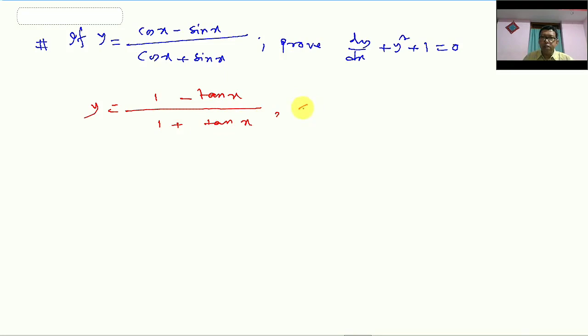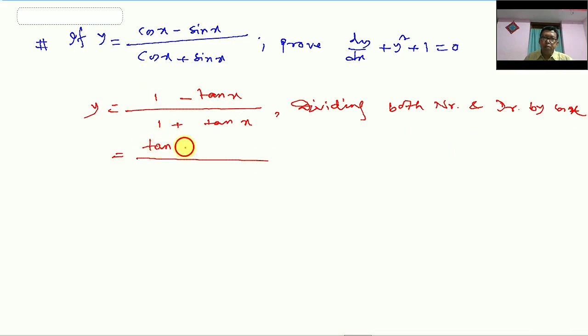You have to write dividing both numerator and denominator by cos of x. In the same way you can write this as tan of pi upon 4 minus tan of x whole divided by 1 plus, again you think that this tan x is multiplied by 1.